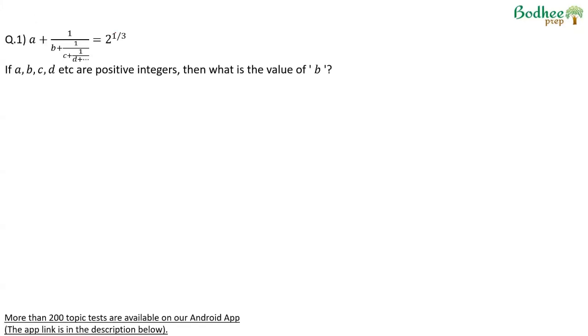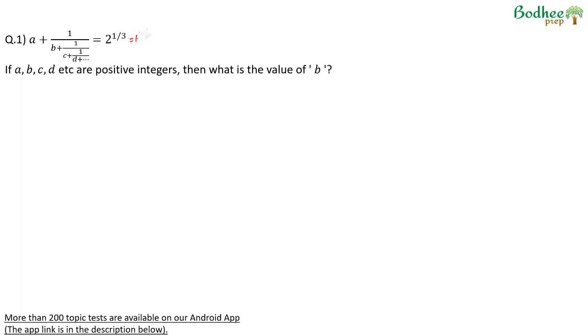A plus 1 by B plus 1 by C plus 1 by D and so on is equal to a cube root of 2. Now, cube root of 2 is in value around 1.26 something.